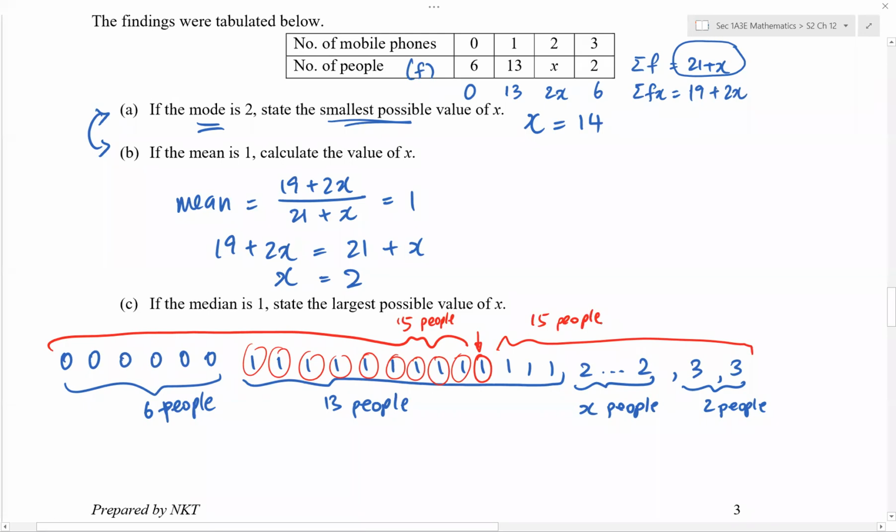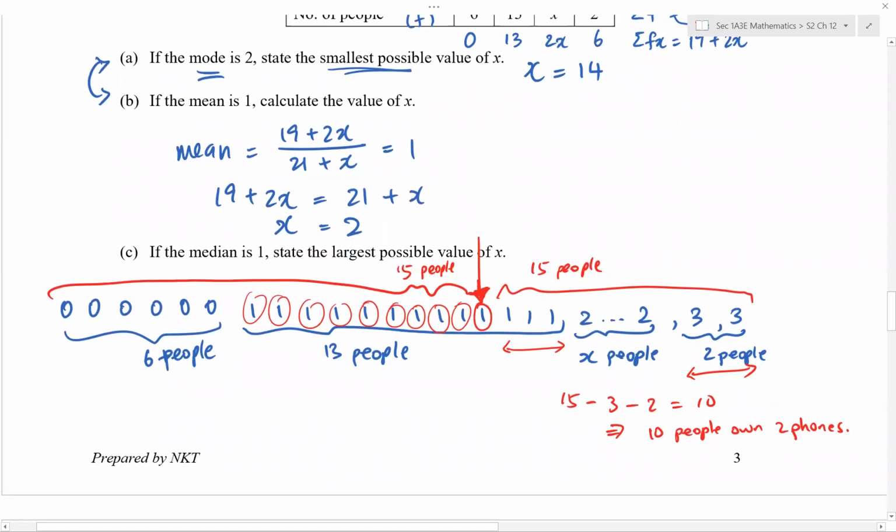If there are 15 people here, out of which 3 of them own 1 phone, 2 of them own 3 phones. So 15 minus 3 minus 2, we get 10, which means that 10 people own 2 phones. So this is what is happening. If this one over here is the median, I have a possible value for x, which is 10.